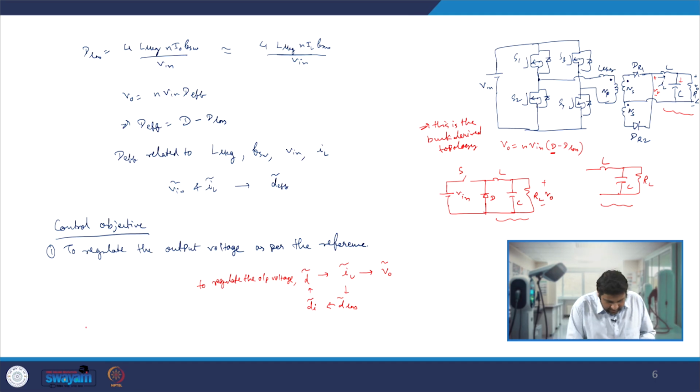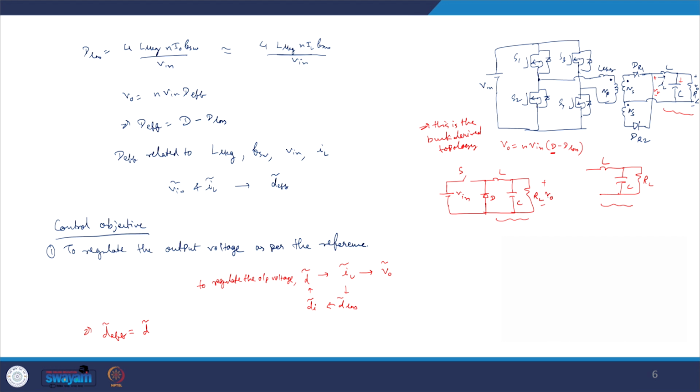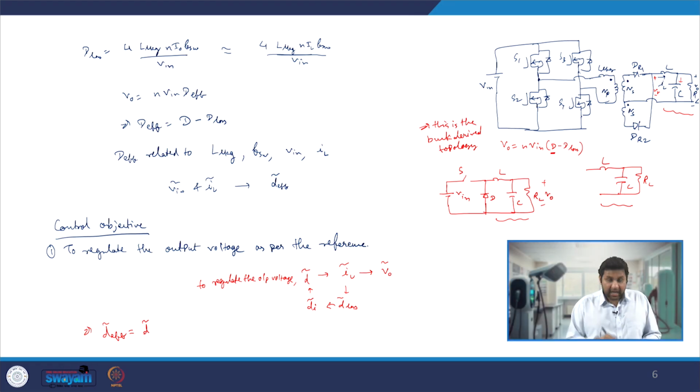So, what we can say is that my D effective will be nothing but the change which has to occur to make sure the output voltage is controlled. This duty ratio has changed. Along with this, there is another term, which is Di, this extra change in the duty ratio which has occurred because our D loss is changing, and this D loss leads to the change in the D effective, because we know that our D effective is nothing but D minus D loss.